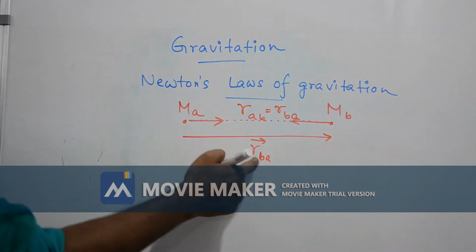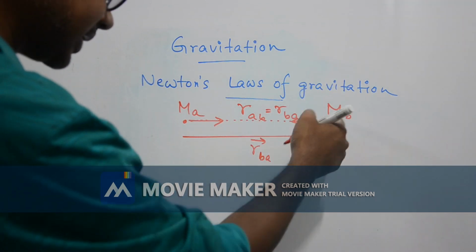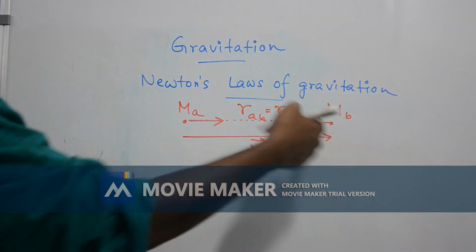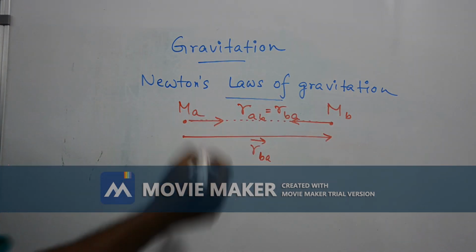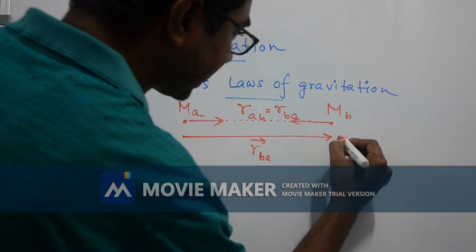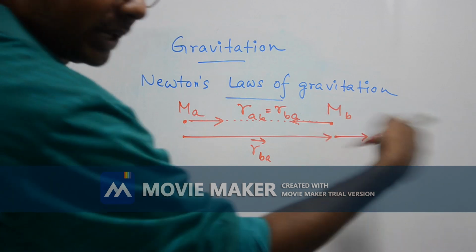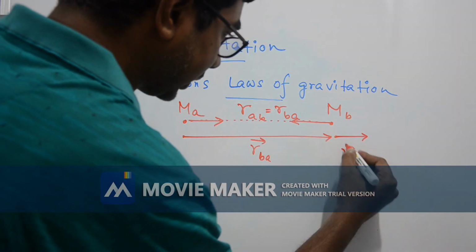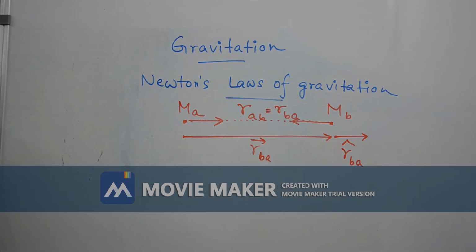It's the position of the particle B with respect to A. So the force which will be acting on this particular mass is acting exactly opposite to the position vector of that. So we introduce a unit vector of this position, pointing out from this particular particle, which we will write as RBA with a hat or cap sign over it.